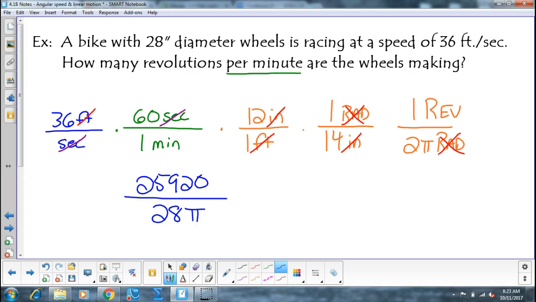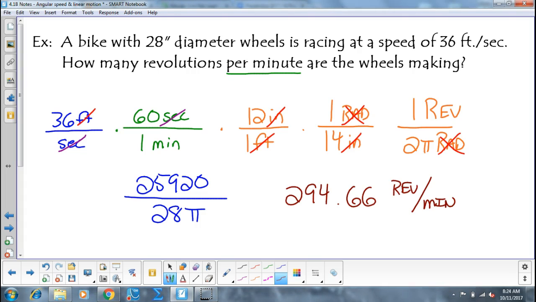So that gives me approximately 294.66 revolutions per minute. Questions on that one?